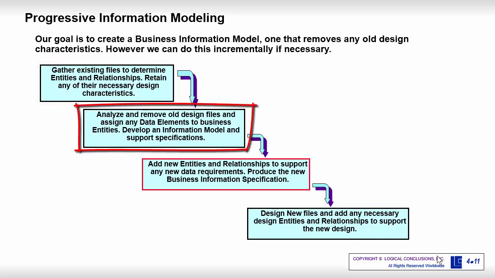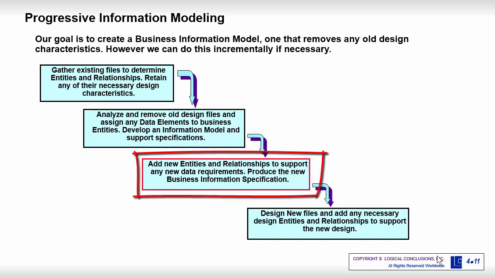Next, analyze and remove all design files and assign any data elements to business entities, and develop an information model and support specifications. In the best case scenario, where we have good documentation, or the business user knows the business policy and has knowledge of the concepts in this tutorial, we could immediately go to this step without performing the first step.